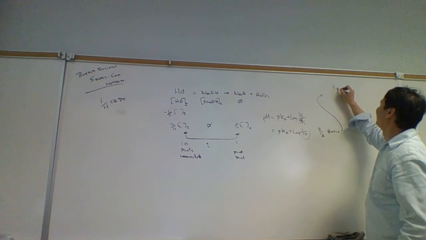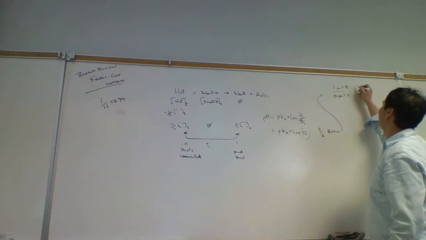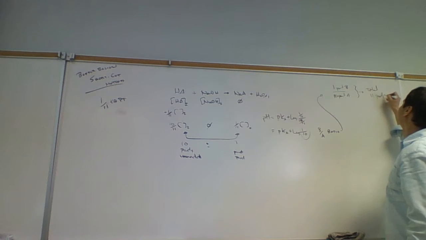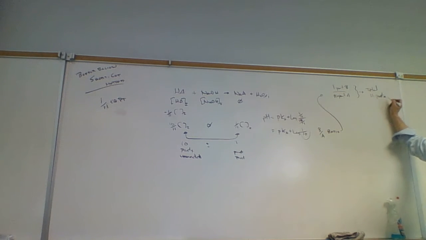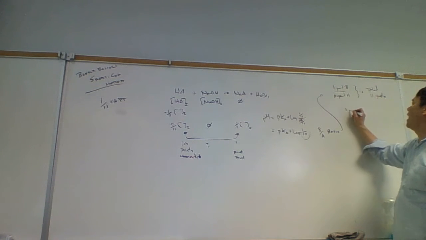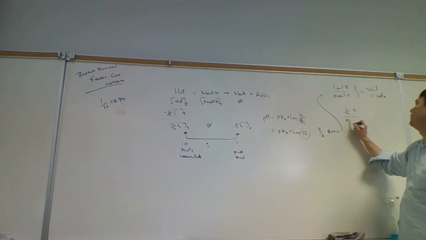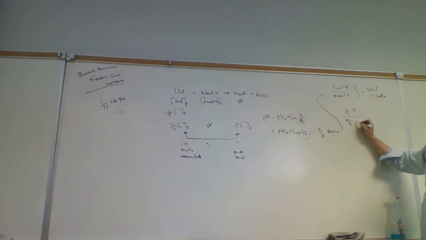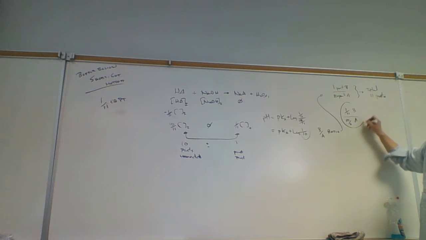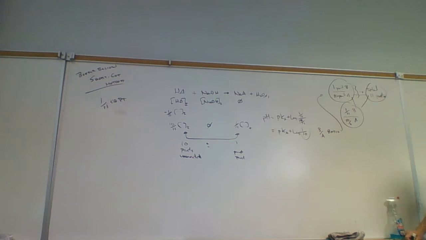If we have 1 part base and 10 parts acid, that means we must have a total of 11 parts. If we have a total of 11 parts, then 1 out of the 11 parts was converted into base, and that means 10 out of 11 parts remained as unreacted acid. You see that? This is the relationship between these, so we just connect them together here.